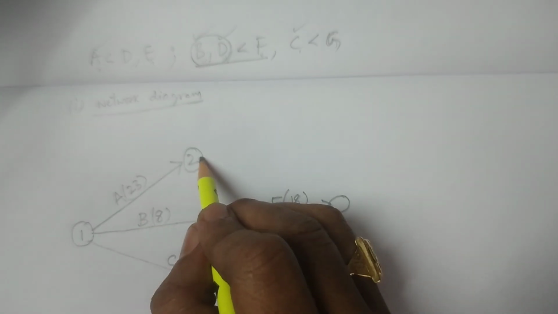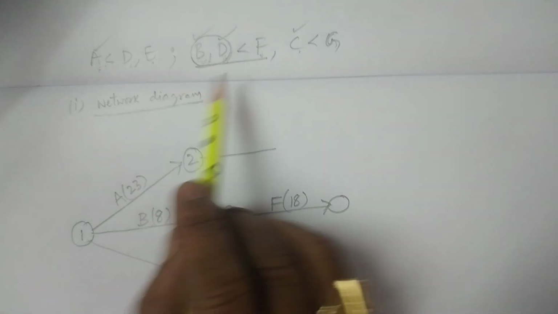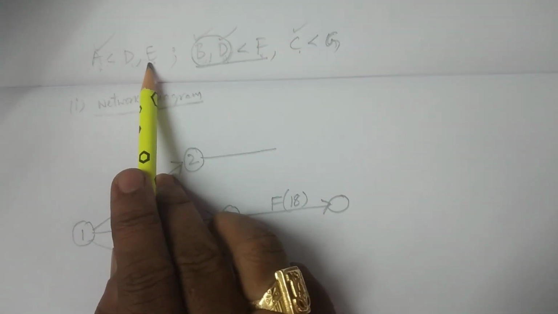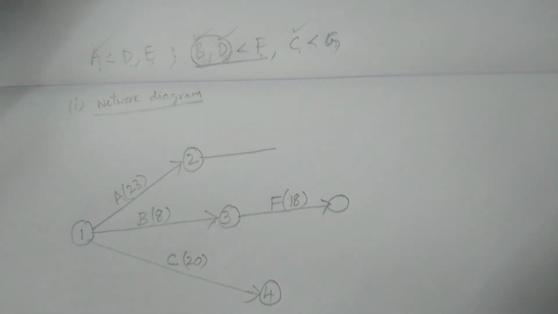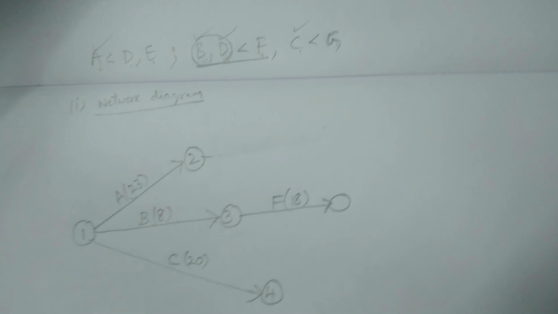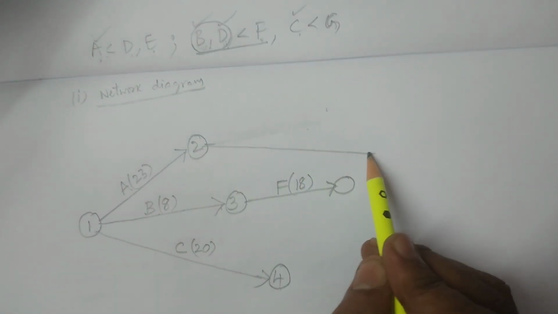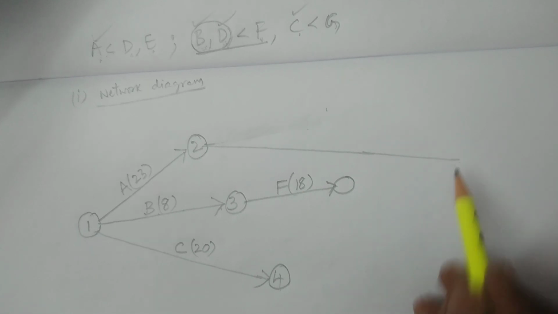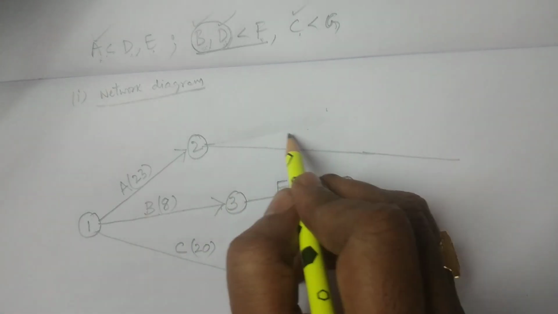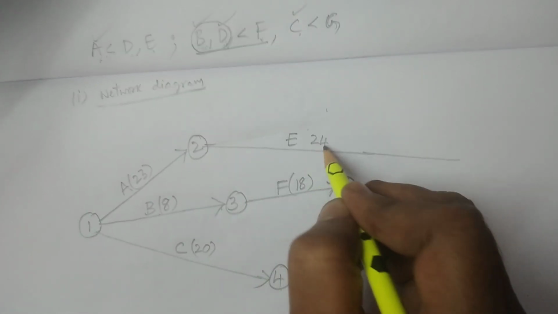So I'm considering in this way the activity E. We have already discussed that E is an AND activity. So E should be finished at the end, connected to the last node. So I'm leaving it like this. This is to be connected to the last node. We'll see; if you have any corrections, we do them later.